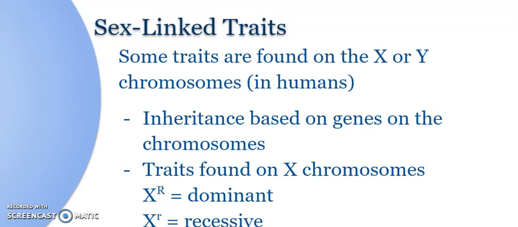So if a male has this particular recessive trait on his X chromosome, he cannot give it to his son. But if the mom is a hybrid, she could be not colorblind herself, but because she has the recessive colorblindness on her other X chromosome, she could give colorblindness to her son. So sex-linked traits are pretty interesting.